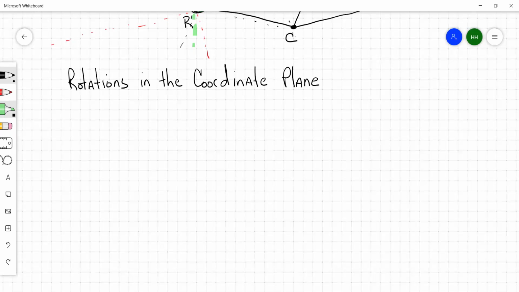Just like there were reflection rules, we had reflection rules on Monday when we reflected over the x-axis and the y-axis, and then we reflected over y equals x. Now we've got rotation rules in the coordinate plane, and here's a 90-degree rotation rule. So 90 degrees, and these are all about the origin.